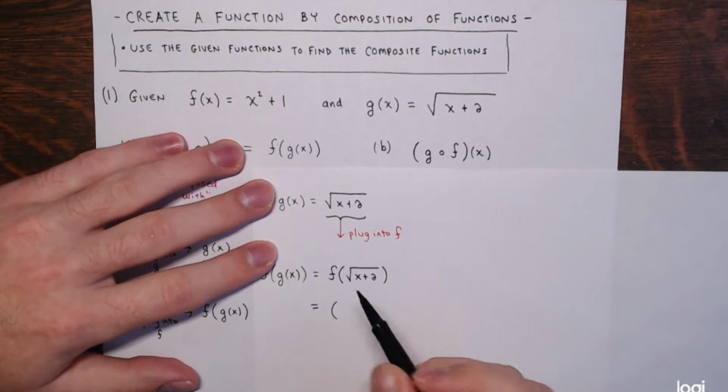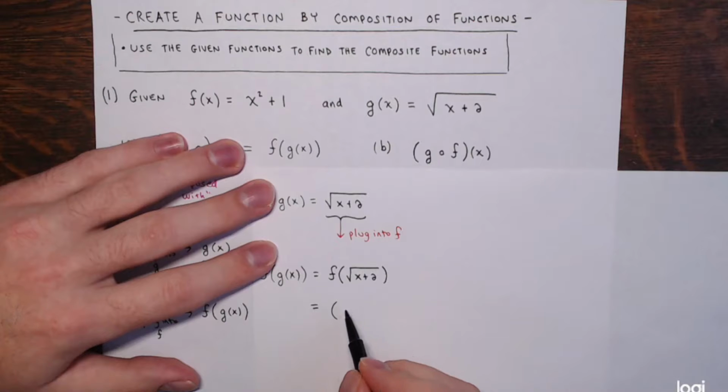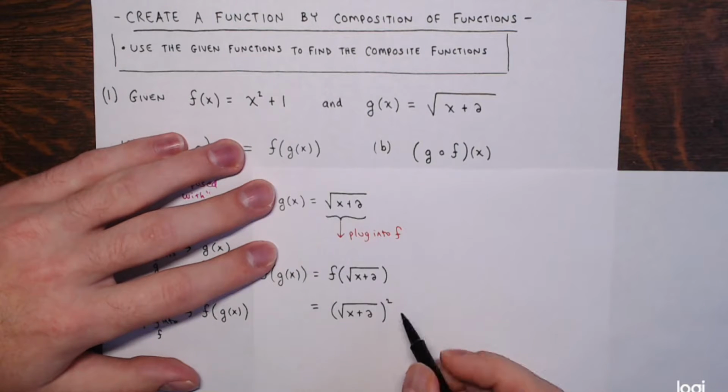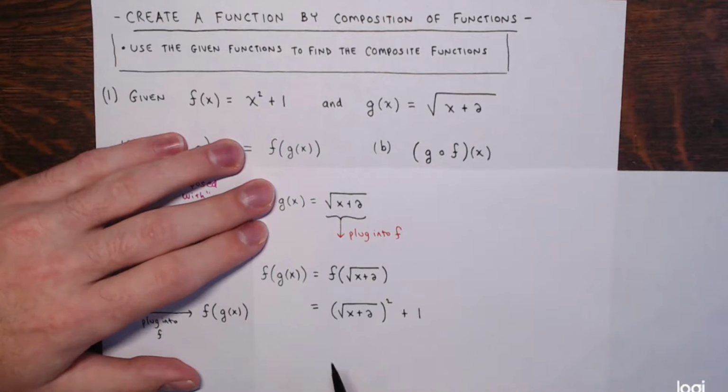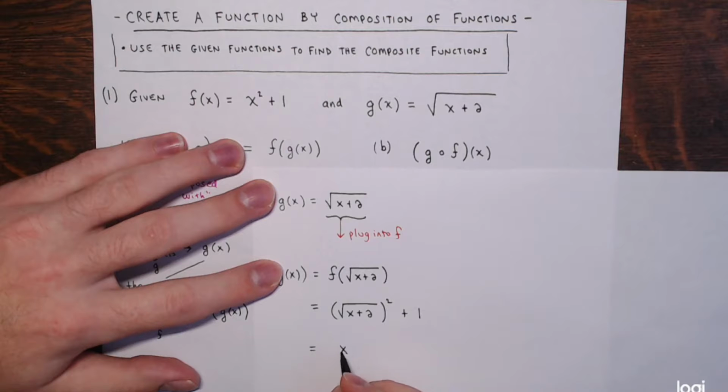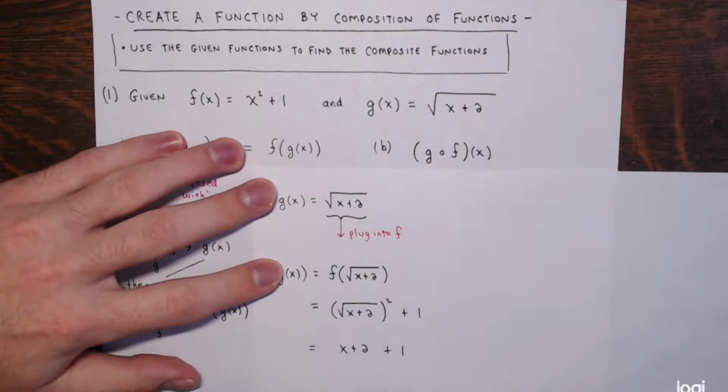So instead of x squared, it is the square root of x plus 2 squared. And then you have plus 1, don't forget. Alright, and then we simplify. Now remember, the square root of something to the second power, the square root's gone. So this is just x plus 2, and then you got plus 1, or x plus 3.